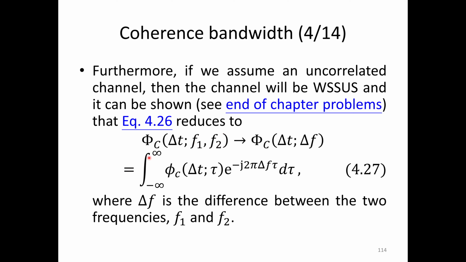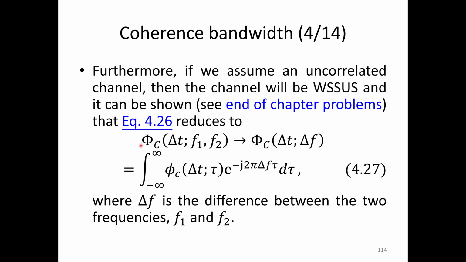It is equal to the integral from negative infinity to infinity of small phi c of delta t, tau times exponential negative j2 pi delta f tau d tau, where delta f is the difference between the two frequencies f1 and f2.